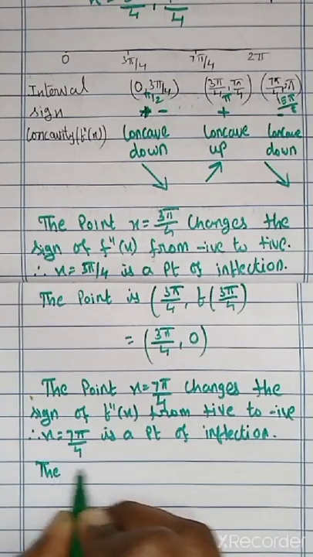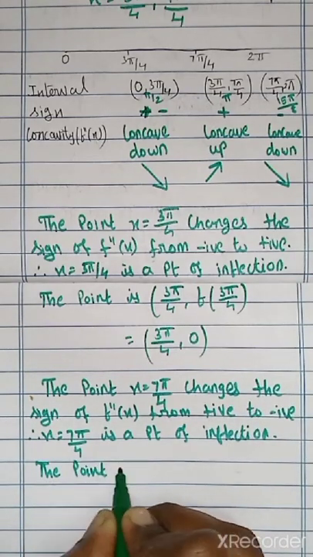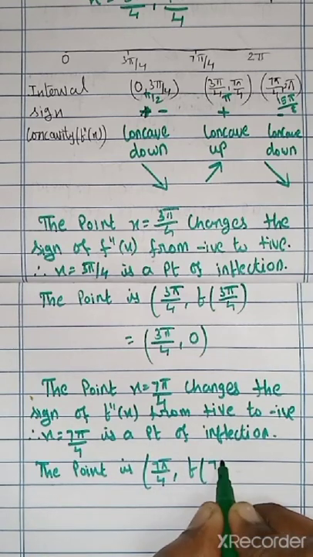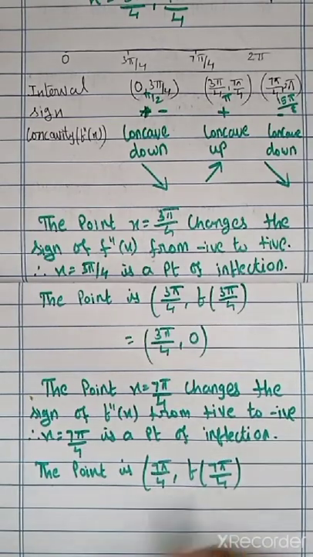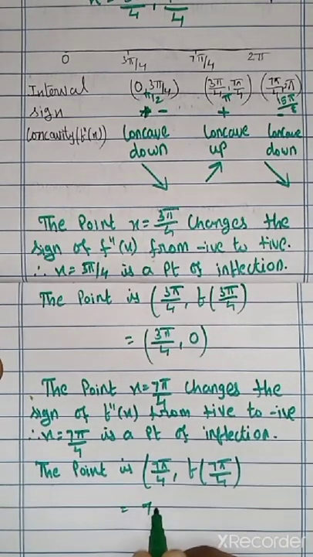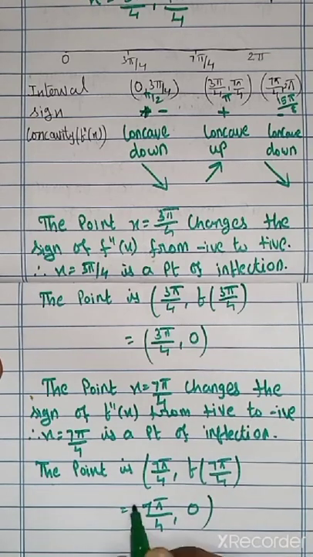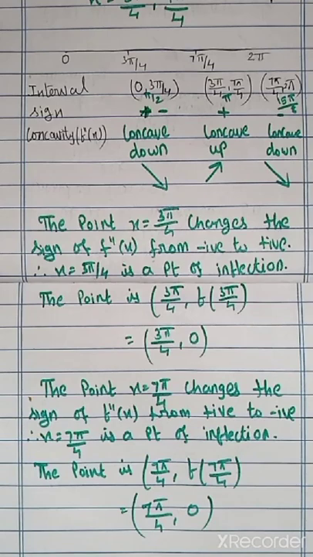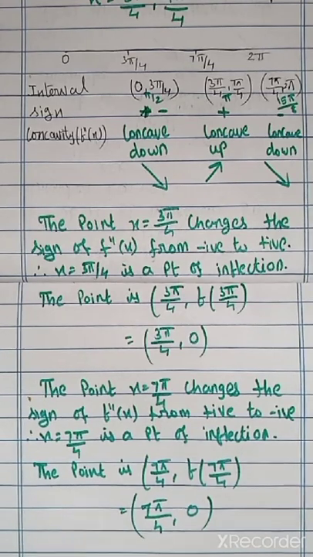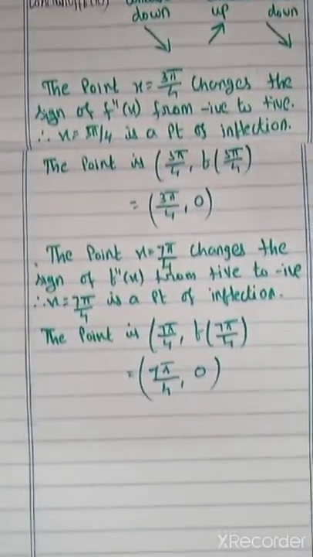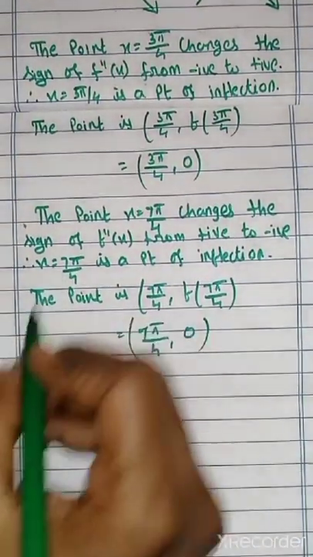The point is 7 pi by 4 comma f of 7 pi by 4. Again, if you substitute, sin 7 pi by 4 plus cos 7 pi by 4 is 0. So 7 pi by 4 comma 0 is your point of inflection. Next problem, third subdivision.